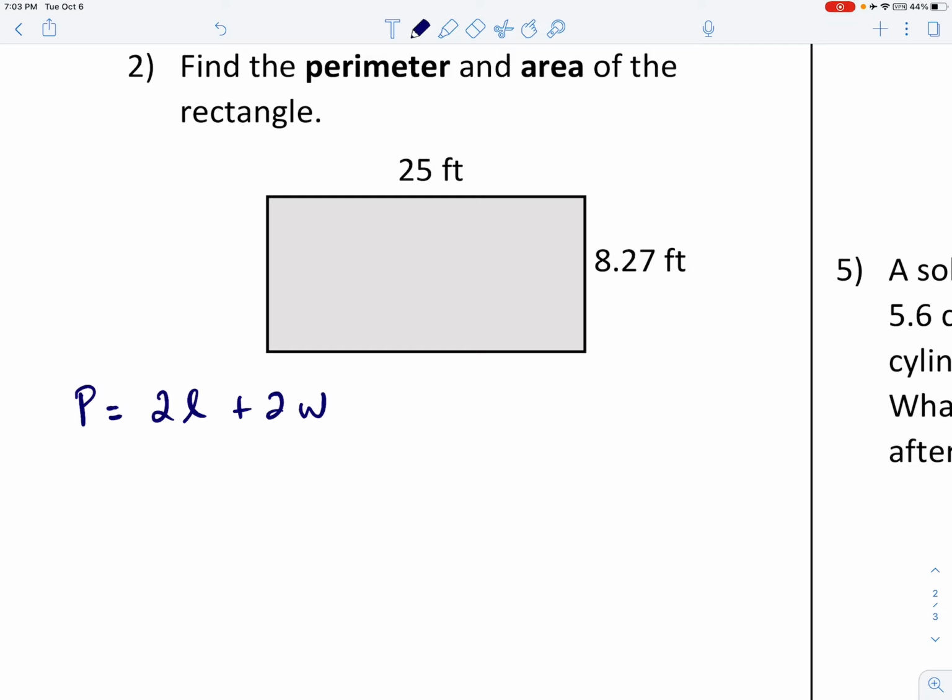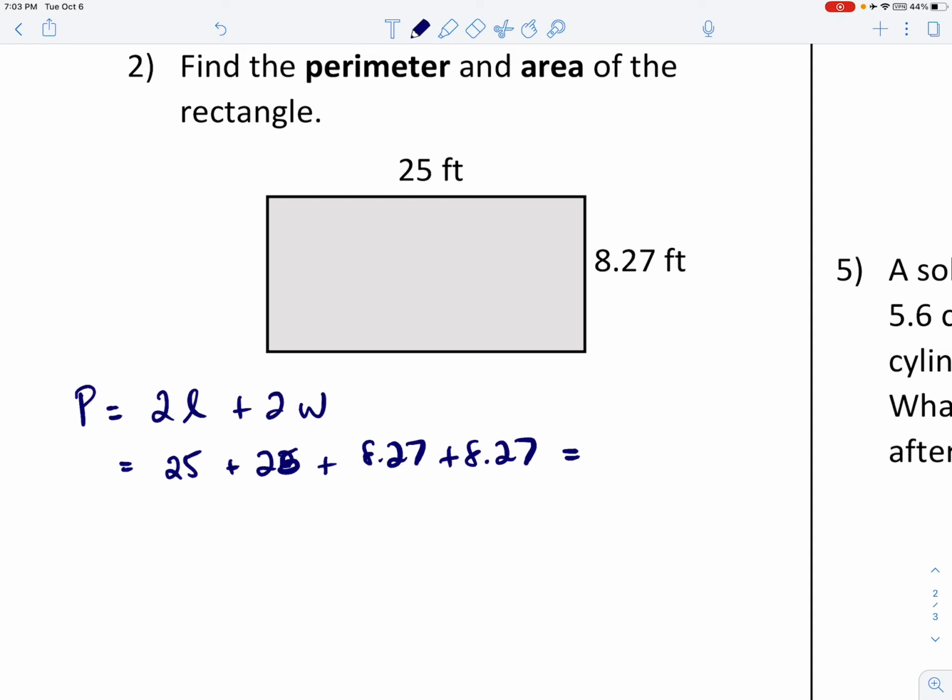The rule for adding or subtracting measured numbers is that you round off the answer based on the fewest number of decimal places. So what we're going to do to find the perimeter is 25 plus 25 plus 8.27 plus 8.27. Pause the video, grab your calculator, and get a number for that.